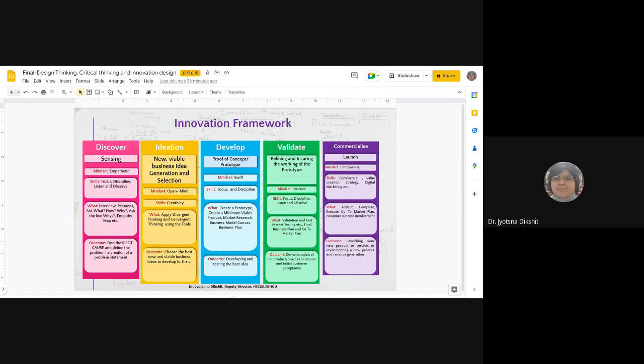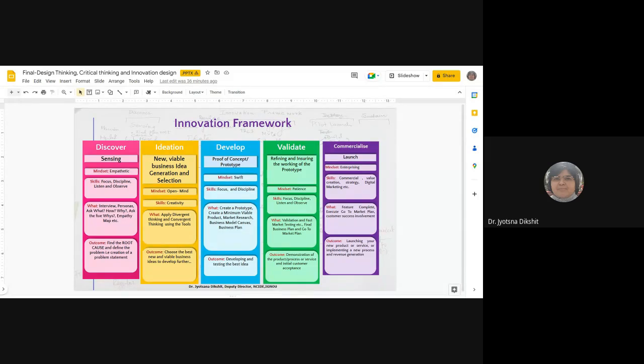You have to apply your critical thinking skills, and apply divergent and convergent thinking tools like brainstorming, brain writing, and SCAMPER techniques. At the end, you come up with a new and viable business idea, which you take further and try to develop into a proof of concept prototype.